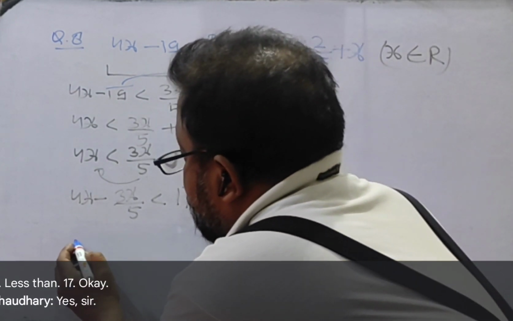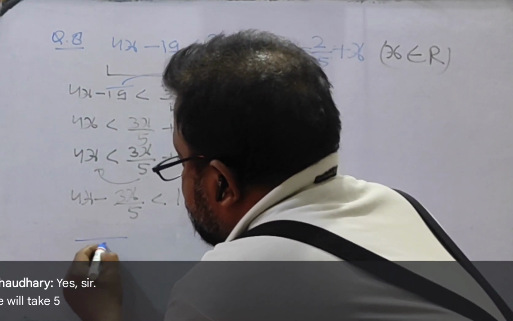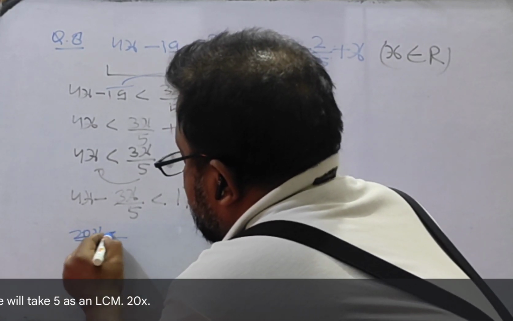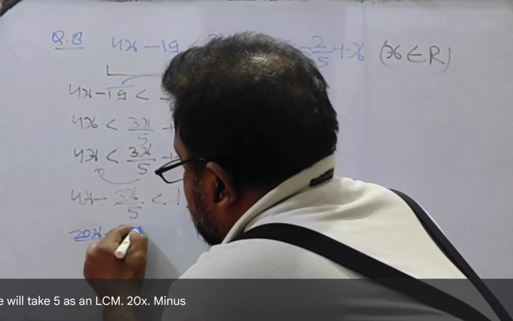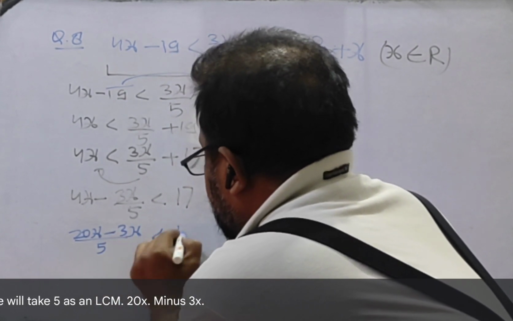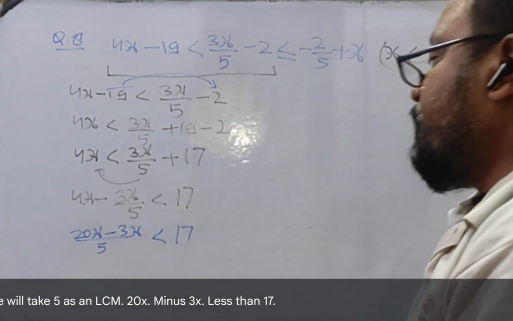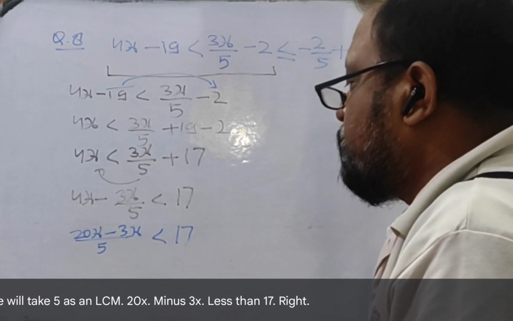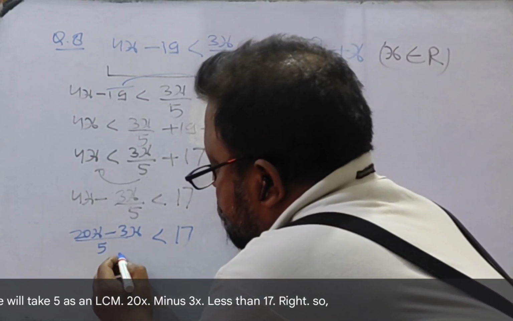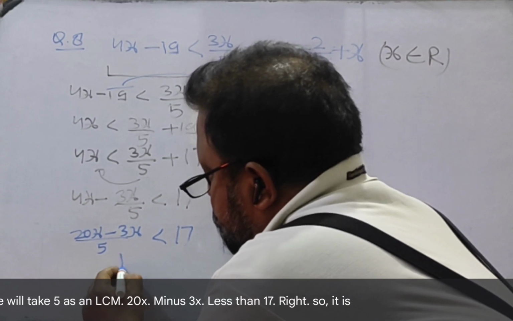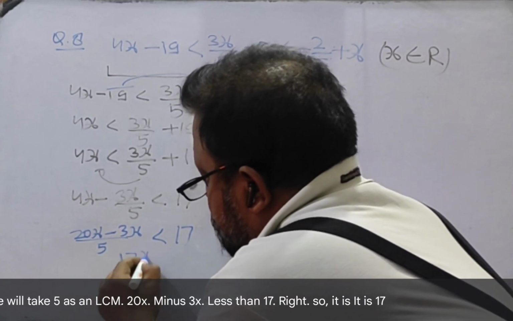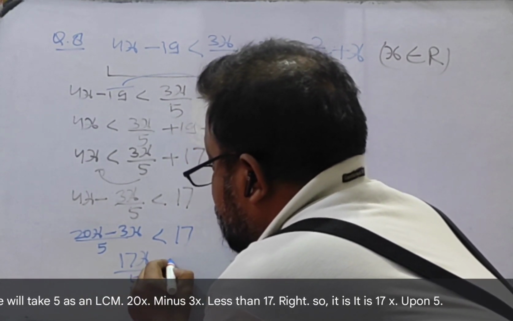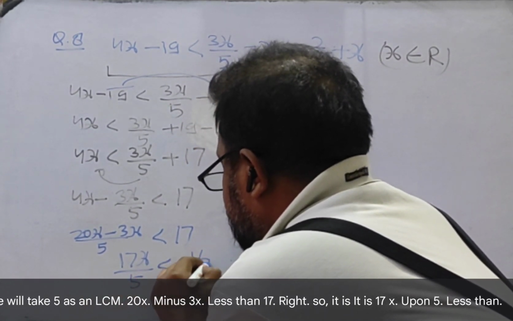So we will take 5 as an LCM. 20x minus 3x less than 17, right? So it is 17x upon 5 less than 17.